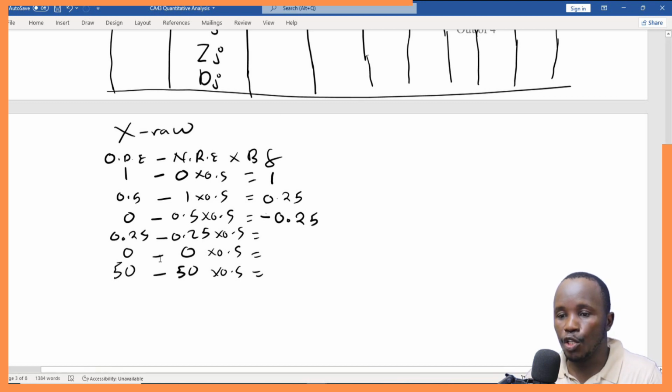When you have 0.25 times 0.5, you get negative 0.125. Yeah? Negative 0.125. Then you minus the 2. So here we are going to have 0.5. This is 0.25 minus 0.125.